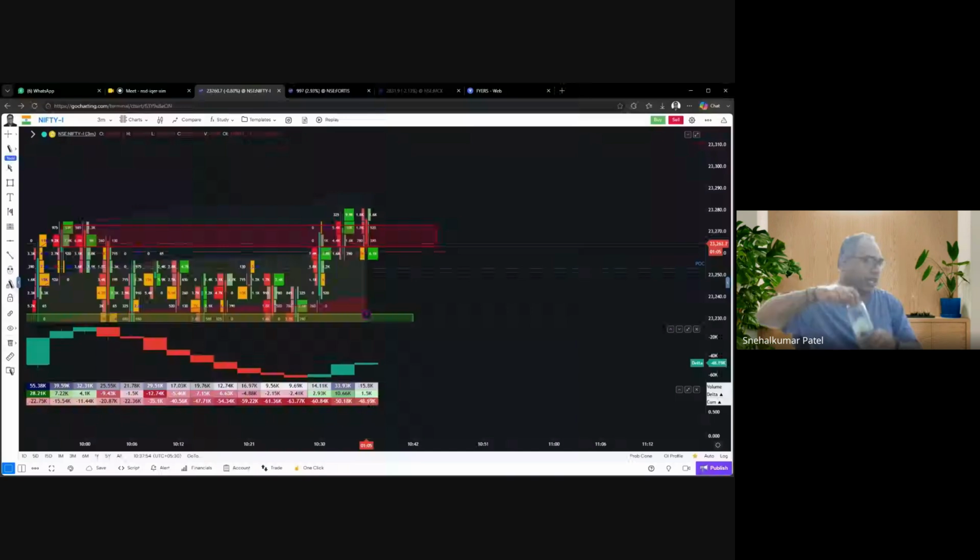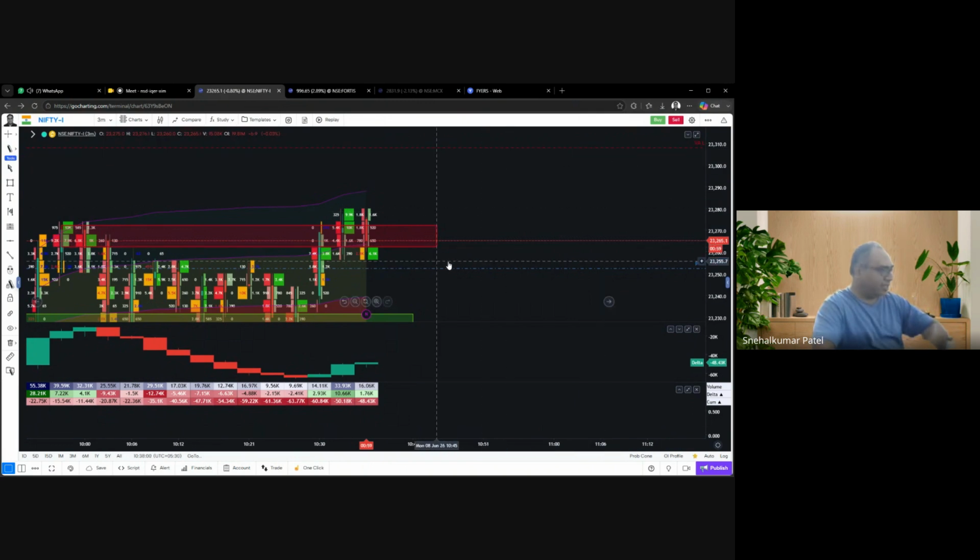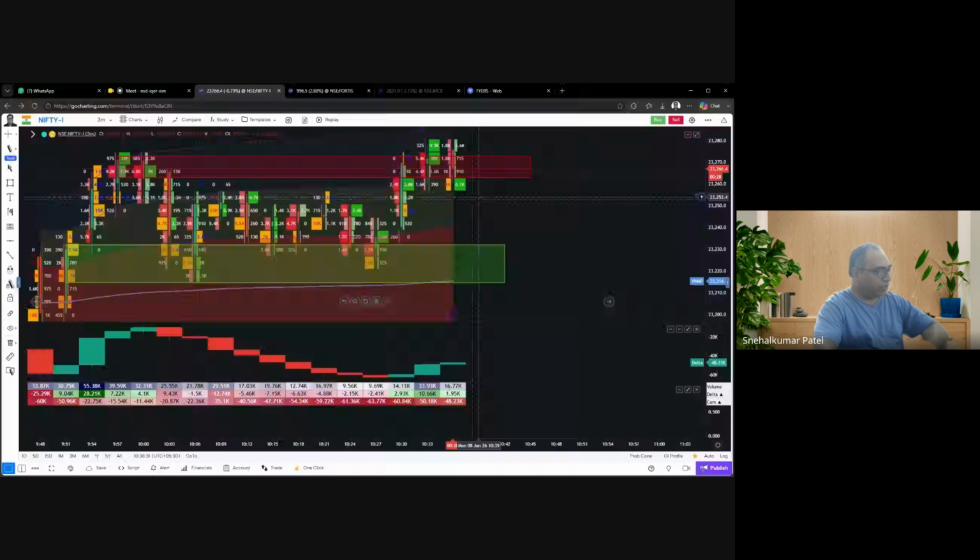Price trying to reject again. The delta is still positive. Let's see if the price really gets rejected or we see any reaction from this level. Delta is improving. The price is near day high, so high chances of rejection from this level again. It had rejected earlier and it may reject again here.